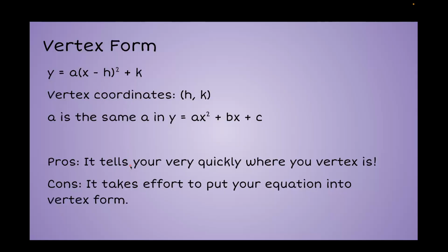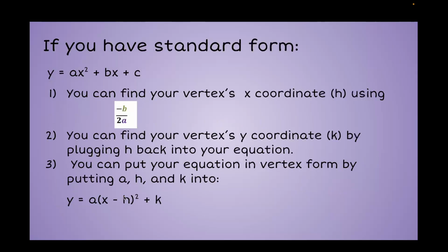It also takes some effort to put your equation in vertex form. What exactly do you have to do to put it into vertex form? You have to find your vertex, and once again you do that by using this equation to get your x, and then you plug that back into your equation to get your y.